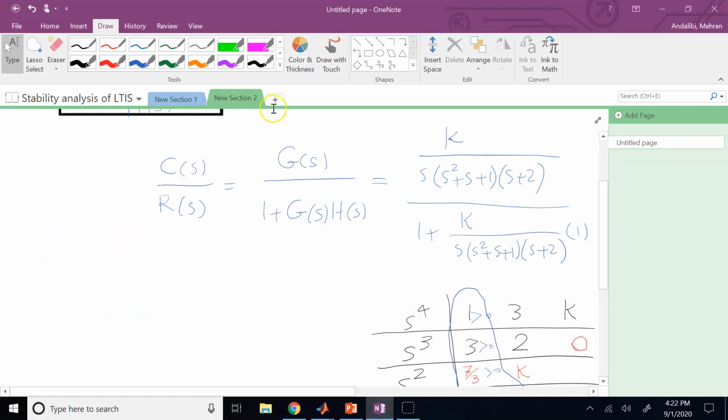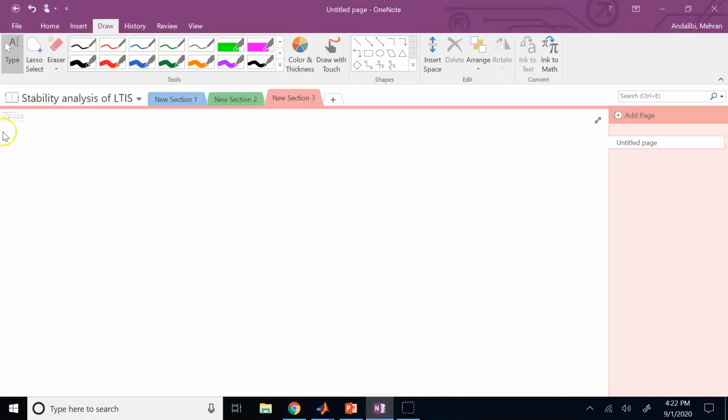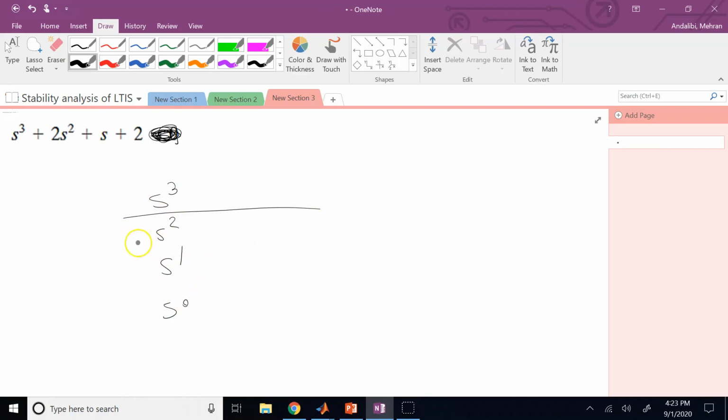So it says, if this is your characteristic polynomial, again, we don't care about this part equals 0. We know we have to find the roots of it, so make this 0. So that's not a major thing for us. So we form a table: s cubed, s squared, s to the 1, and s to the 0.